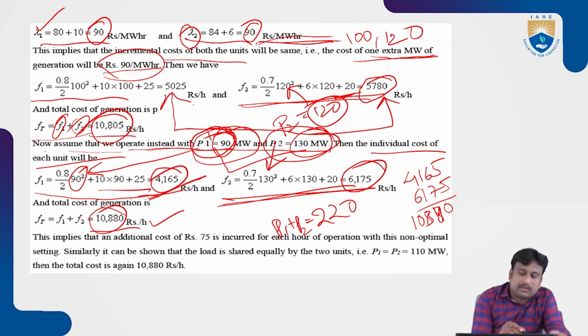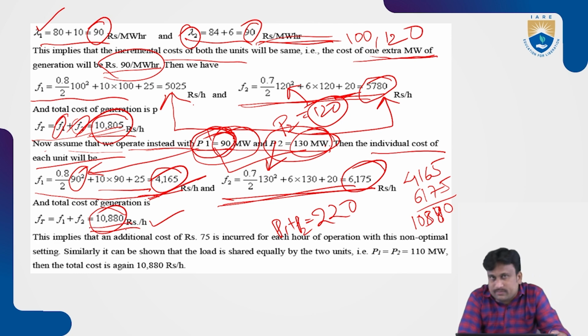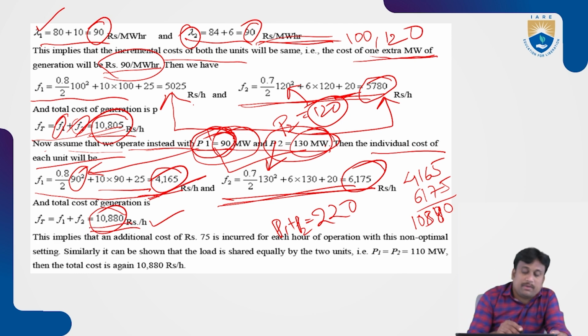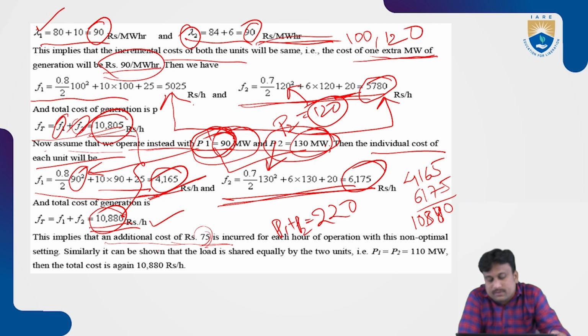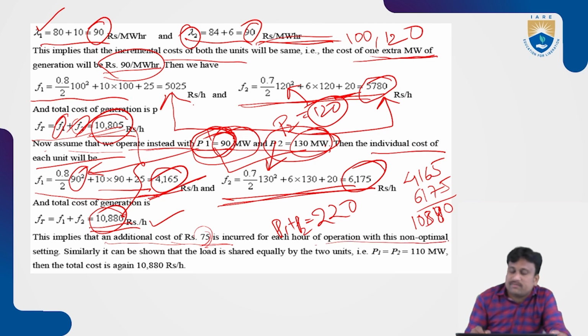Here it is 10,805, and here 10,880, so there is a hike in the total fuel cost in the second case. This implies that an additional cost of 75 rupees per hour of operation occurs with this non-optimal setting.